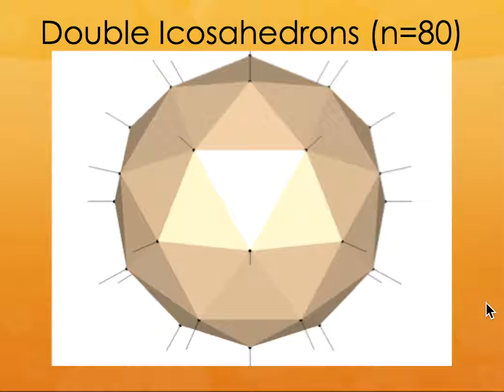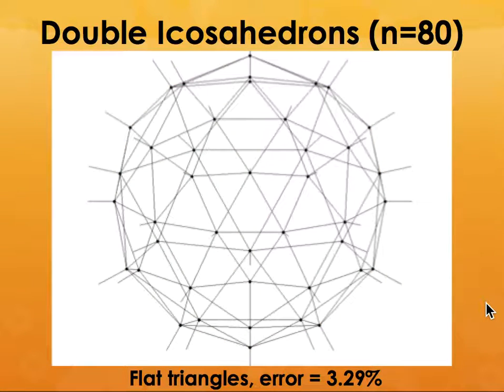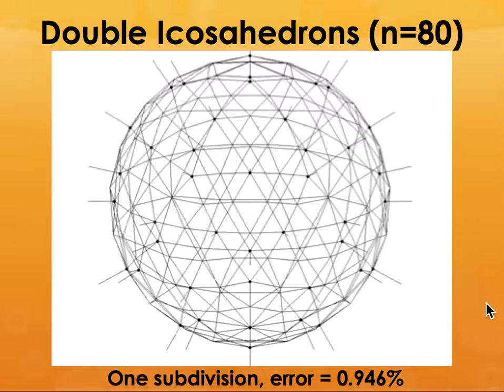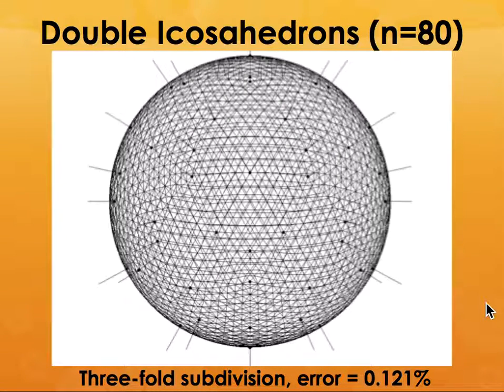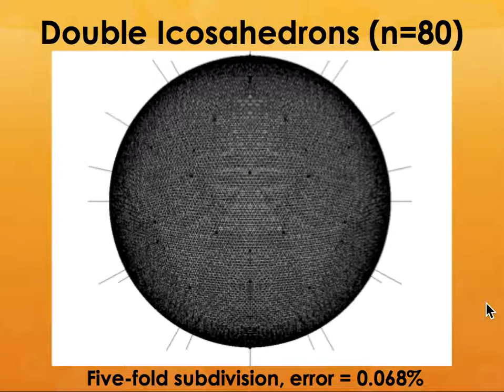Suppose you had even more. If you are representing this circle as a double icosahedron, and you keep on increasing that, here you might be able to get it down to 0.068%. So that might be a better way to get accurate parts compared to the other one.